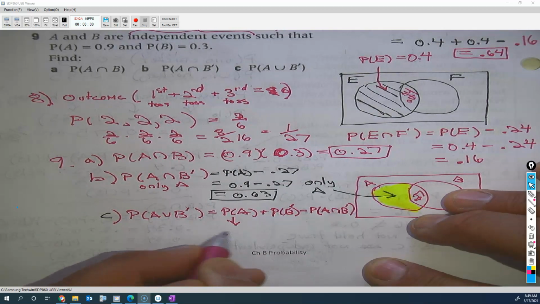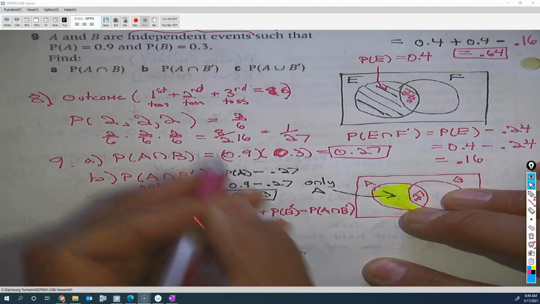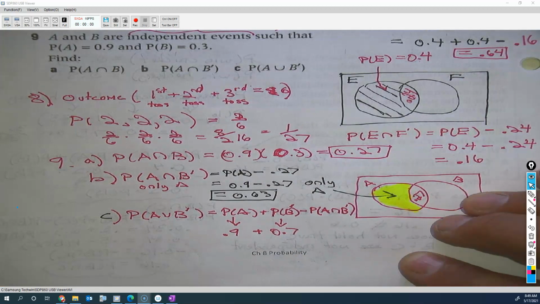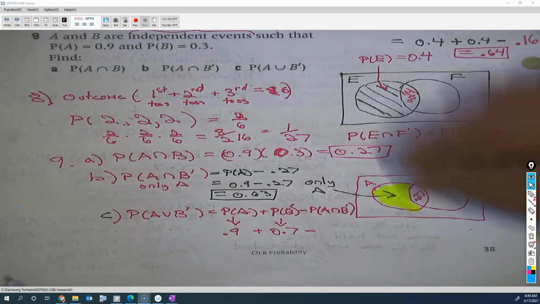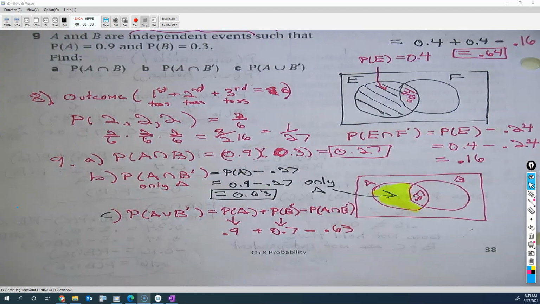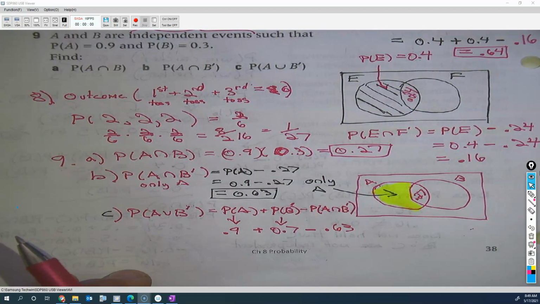So that is 0.9 plus, if this is 0.3, then this is 0.7, because it's not B, and this would be 0.63. So 0.9 plus 0.7 minus 0.63.